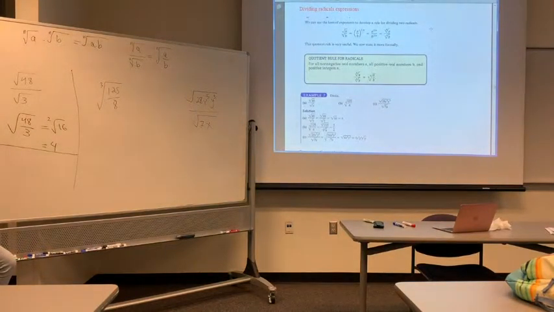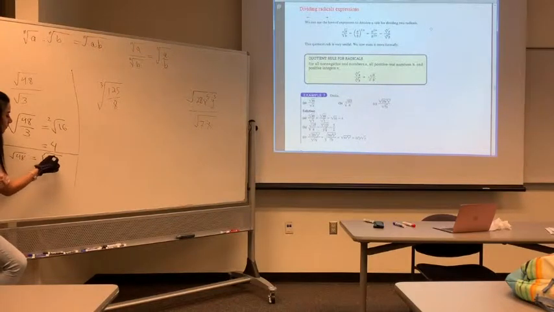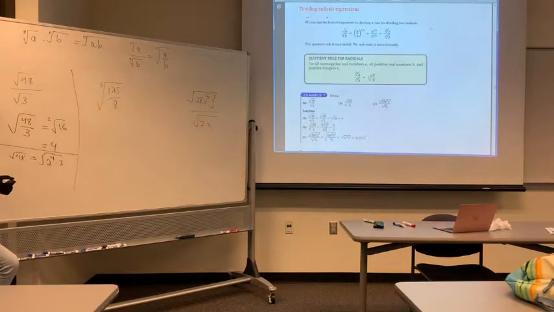So we already worked on radical 48 with index 2, correct? So radical 48 with index 2 is equal to, what was that? 2 power 4 multiplied by 3, right?